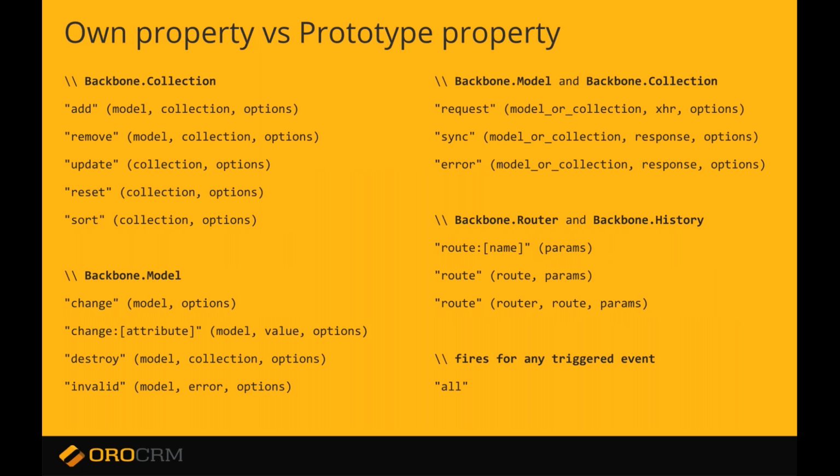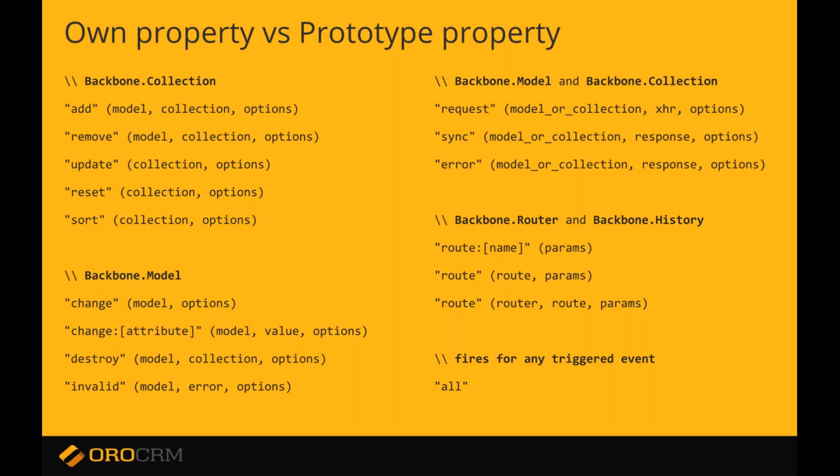Here you can see a cheat list of all events that are triggered by standard Backbone components. Backbone triggers add and remove events once a model is added to or removed from a collection. It triggers update, reset, and sort events once a collection is changed in some way.